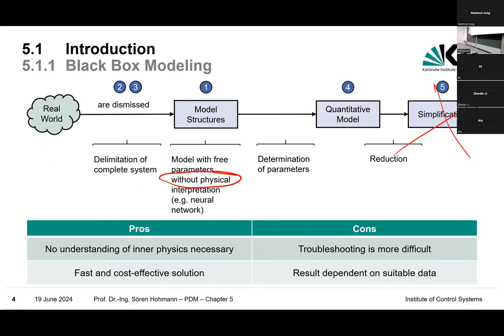I want to give one important point. The real world is now described by data. That's the important difference. So we associate the real world by measurements. It seems trivial, but the starting point for this problem is you need data.